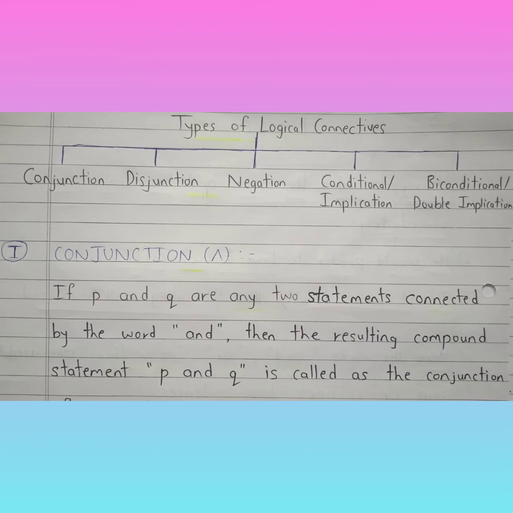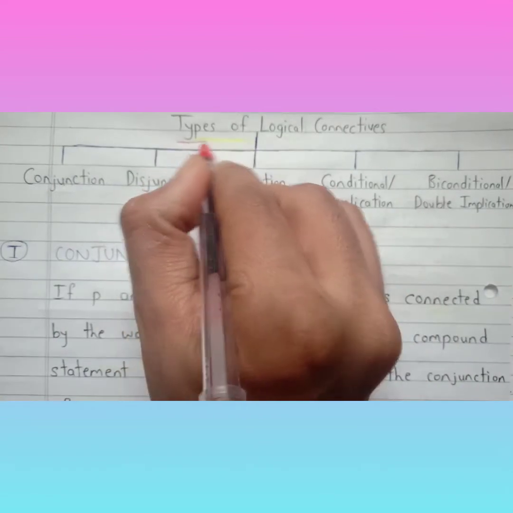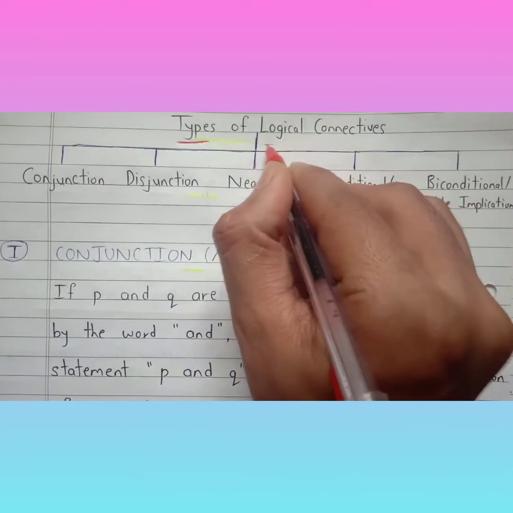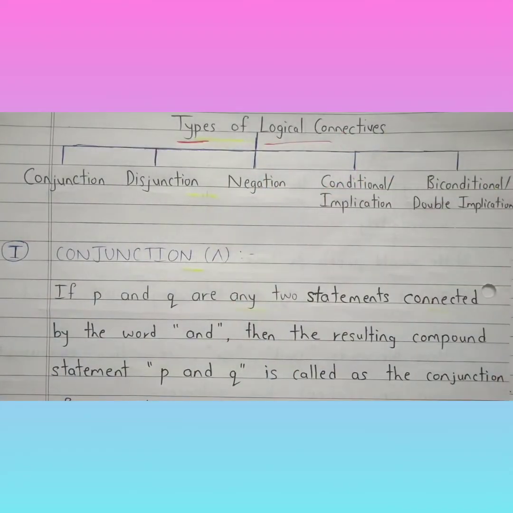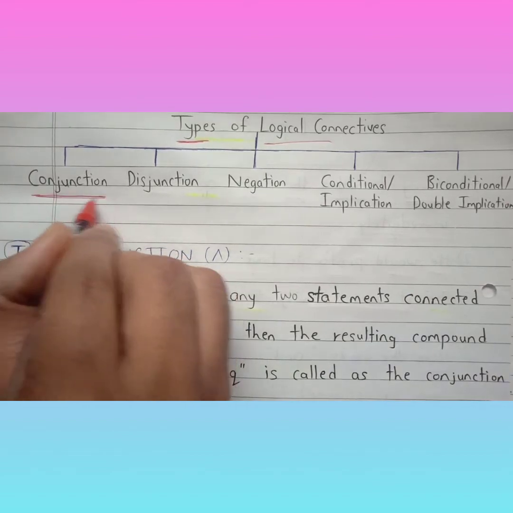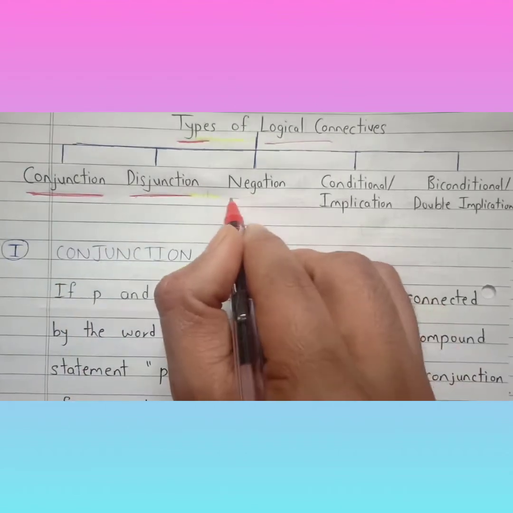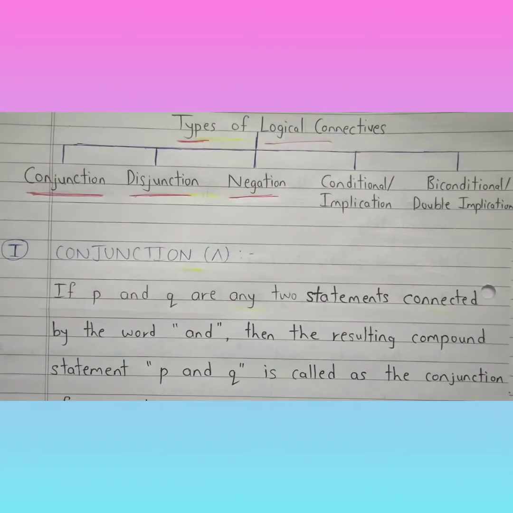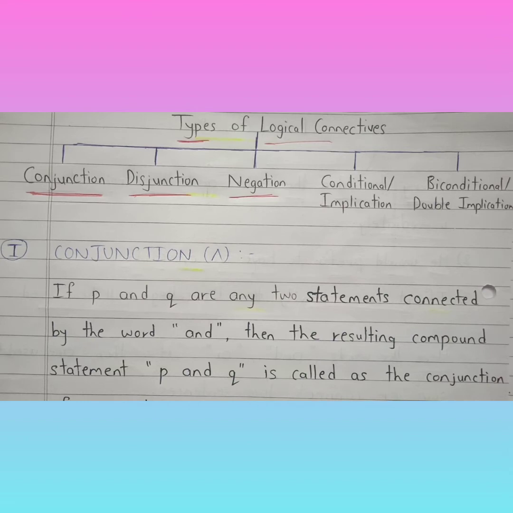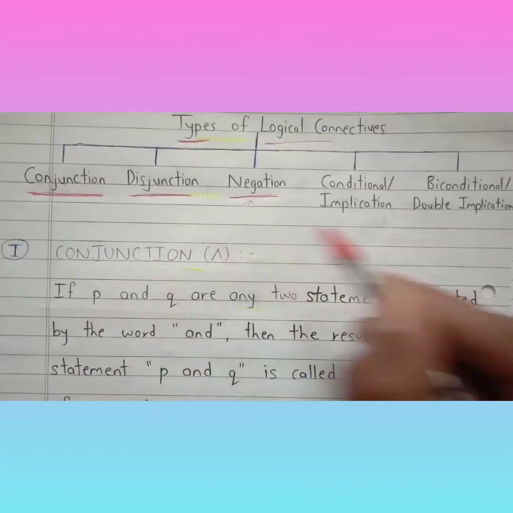Now here you can see a tree diagram. Basically there are some types of logical connectives. First type is conjunction, second one is disjunction. Third one is negation. Negation you might be familiar with: the opposite of the given statement, the negative of the given statement, is called negation.